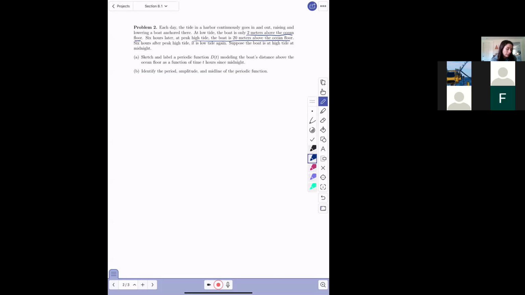Suppose that the boat is at high tide at midnight. Part A, sketch and label a periodic function modeling the boat's distance above the ocean floor as a function of time, t hours since midnight. Okay. So we have t in hours and d of t in meters.